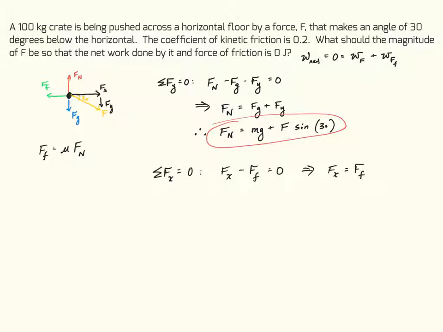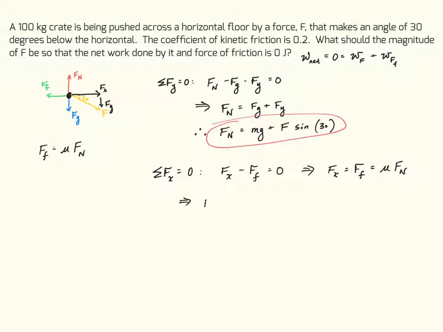And we know that Ff is equal to mu times our normal force. Now we're going to come down here, and I know that Fx is going to be the cosine of this.